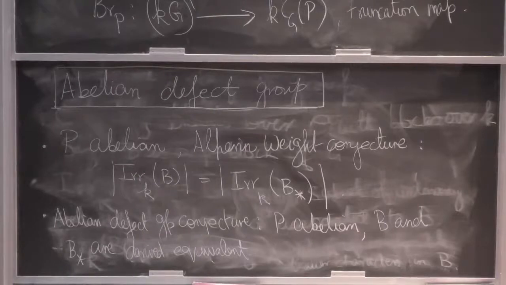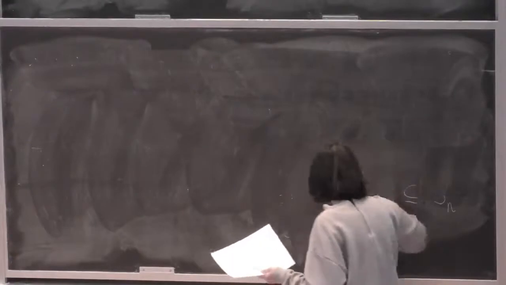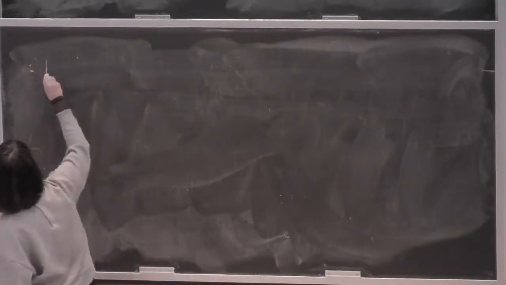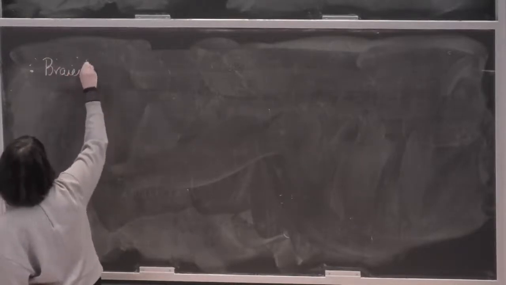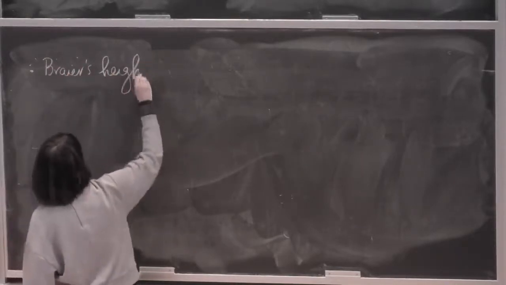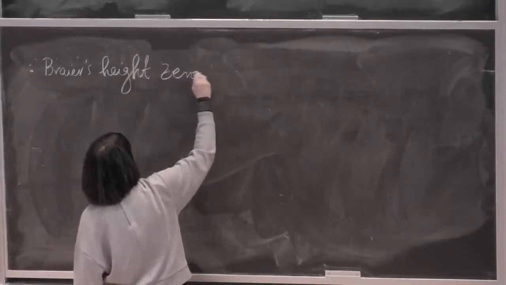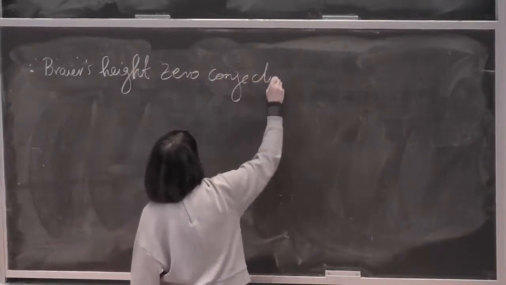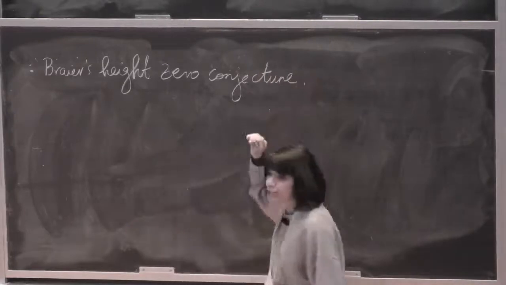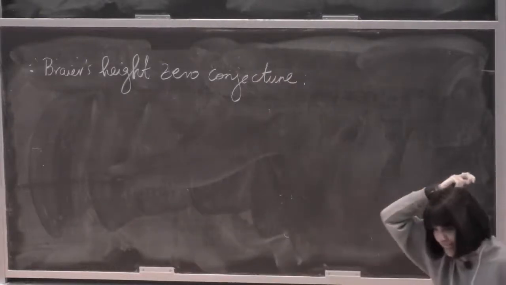Then, still keeping with the condition, why abelian? Well, there's another conjecture, even older than the Broué abelian defect group conjecture, which has generated a lot of work in the last 10, 15 years. And this is Brauer's height zero character conjecture. So let me state that. This is not really a structural conjecture.